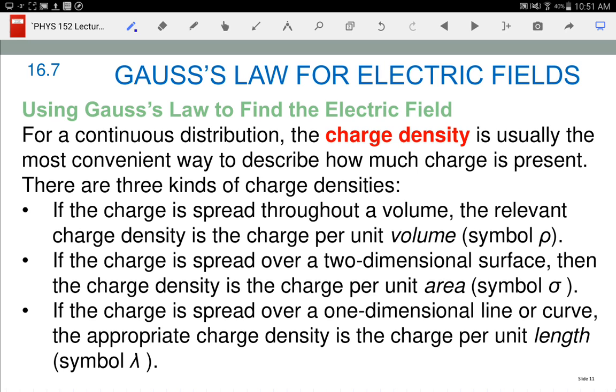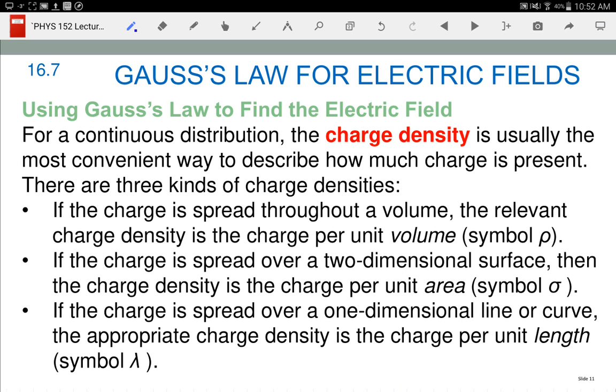If we have, let's say, a cylindrical symmetry, then we'll make our Gaussian surface a cylinder with caps on the top and bottom. If we have a planar symmetry, then our Gaussian surface will be, well, actually, I always use the same shape, just with one cap inside and one cap outside.